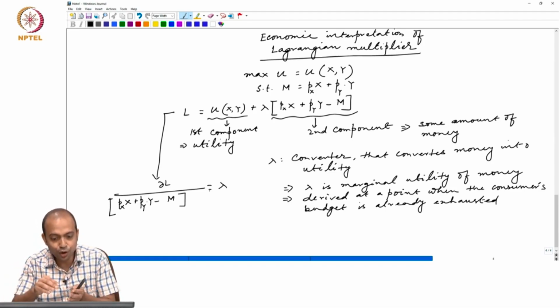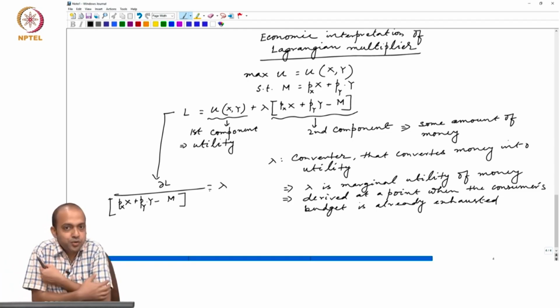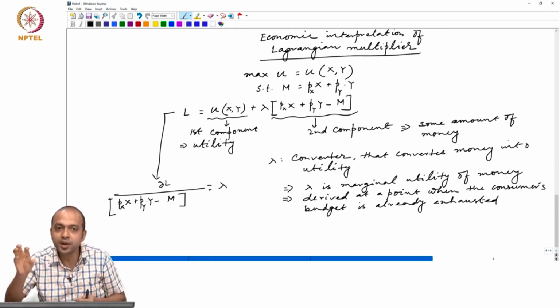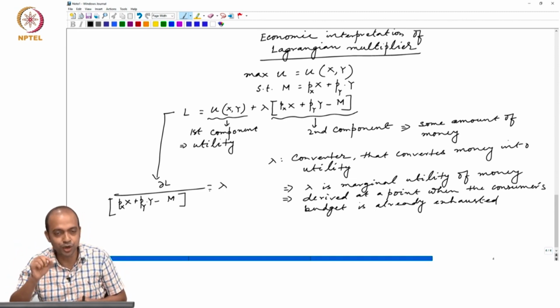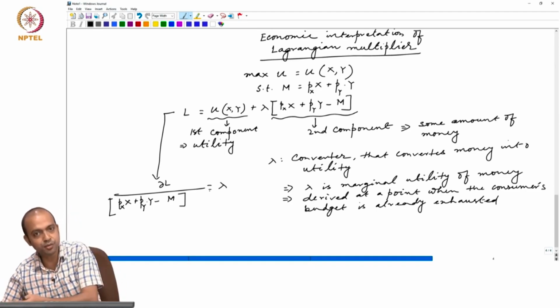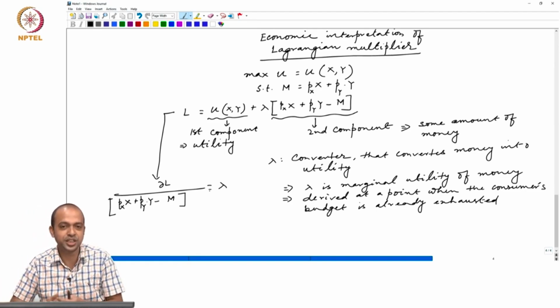The question of relaxing the budget is valid only when your budget is exhausted, isn't it? When your budget is exhausted, you are constrained. Now I am relaxing the budget for you by supplying additional money, and I am trying to calculate the additional utility you get out of this additional money that I am supplying to you and relaxing the budget constraint.